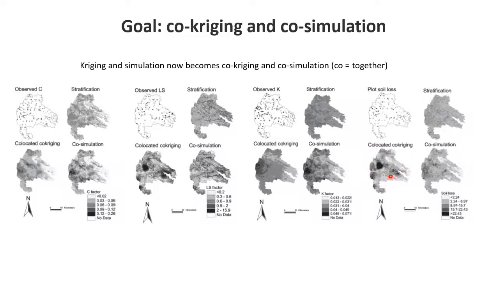Well, if you do co-kriging or co-simulation to characterize spatial uncertainty, we get maps that have much more granularity, and so they're much more interesting in terms of, say, studying the impact of soil loss on other things. So that's the idea. So the idea is essentially to take the kriging that we've developed before and the simulation methods that we developed before, which were only dealing with one variable, and extend them to now including many variables at the same time.